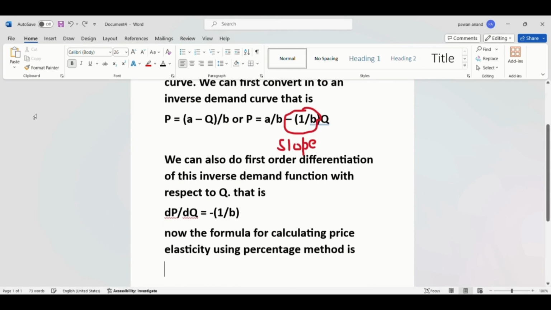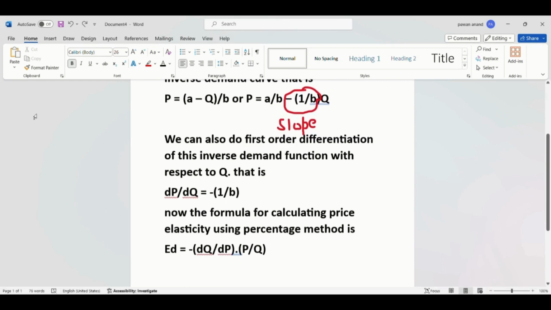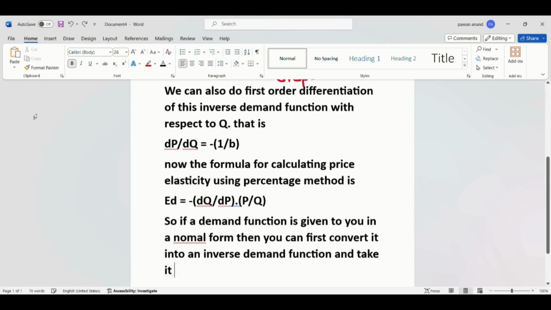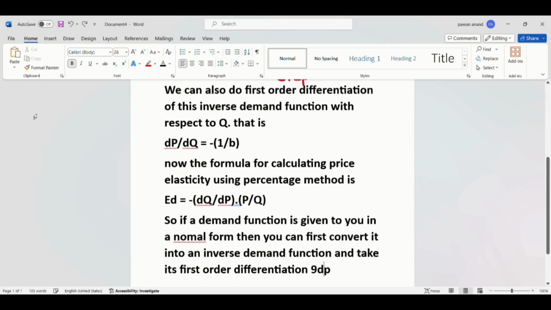Now the formula for calculating price elasticity is ED is equal to dQ by dP into P upon Q. So if the demand function is given to you in a normal form, then you can first convert it into an inverse demand function and take its first order differentiation.